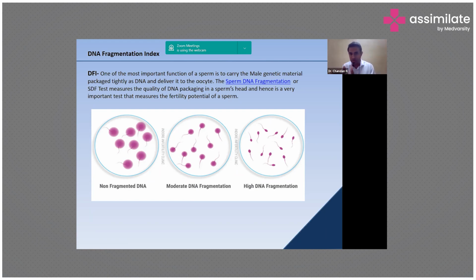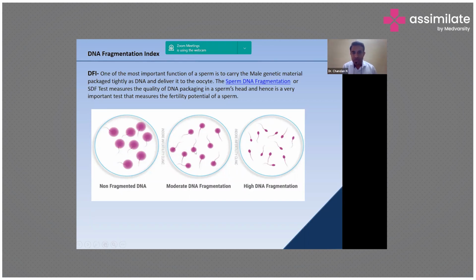Each step is mandatory, and we must make sure that we follow the proper steps. Once we do it, at the end of the procedure we get this kind of appearance in our microscope, where on the left-hand side you can see a sperm tail, but on the head there is a big halo.